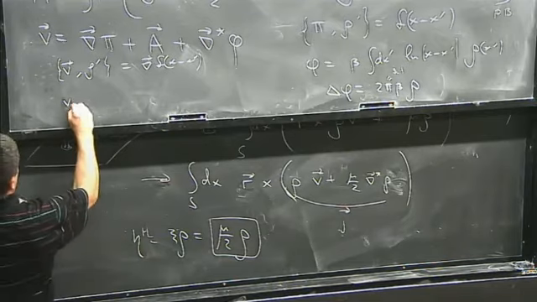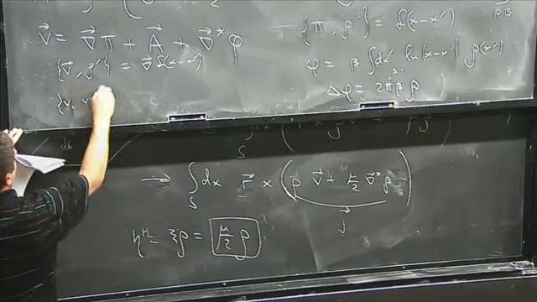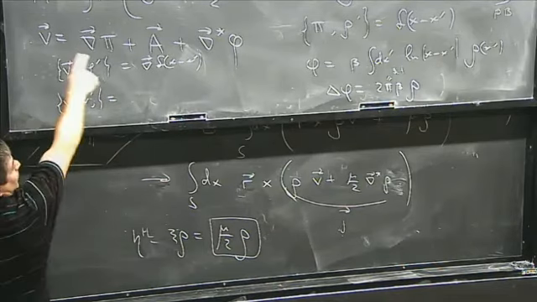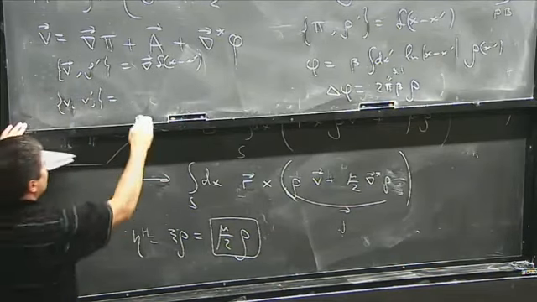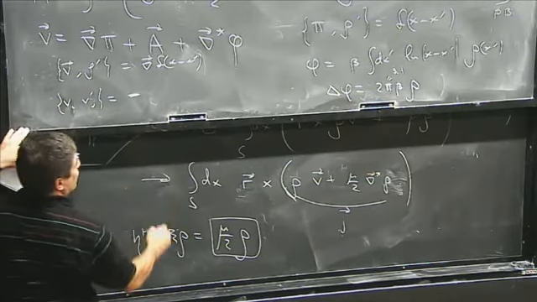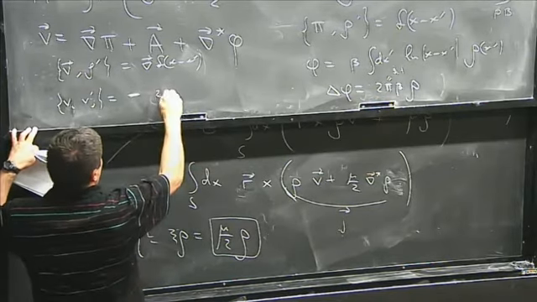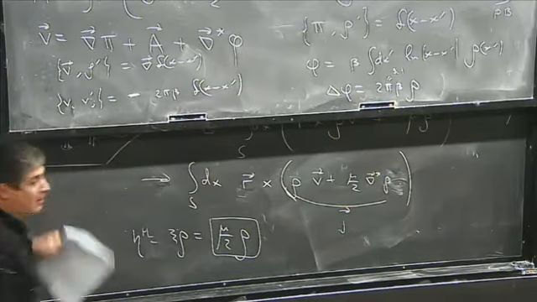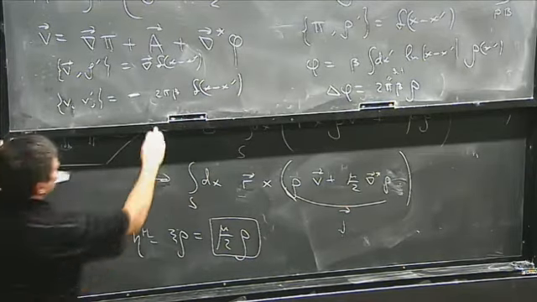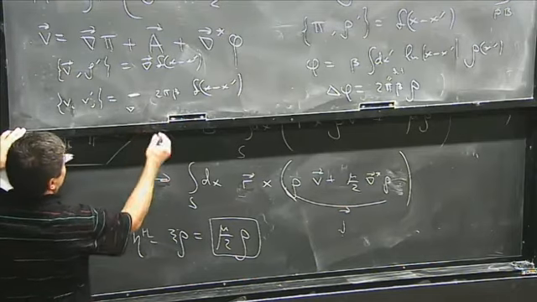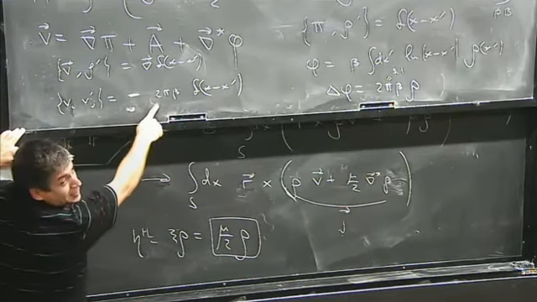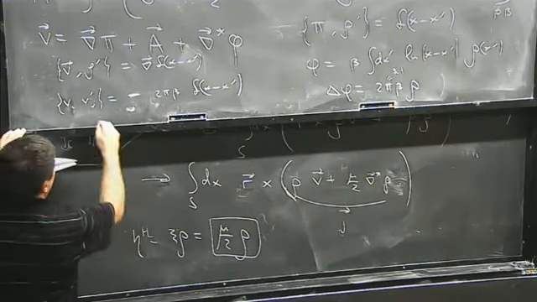But if you take Vi and Vj, where Vi and Vj are defined in this way, then you obtain somewhat different result. You obtain minus 2 pi beta, I think, delta of x minus x prime, which is very well consistent with the fact that this is the vorticity divided by density.